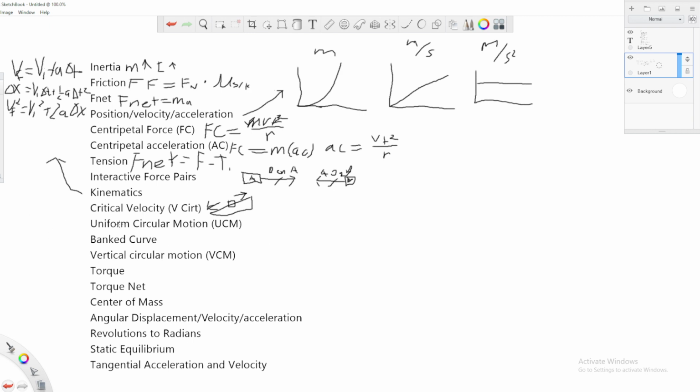Uniform circular motion is when an object, here, I'll draw a diagram for this one.